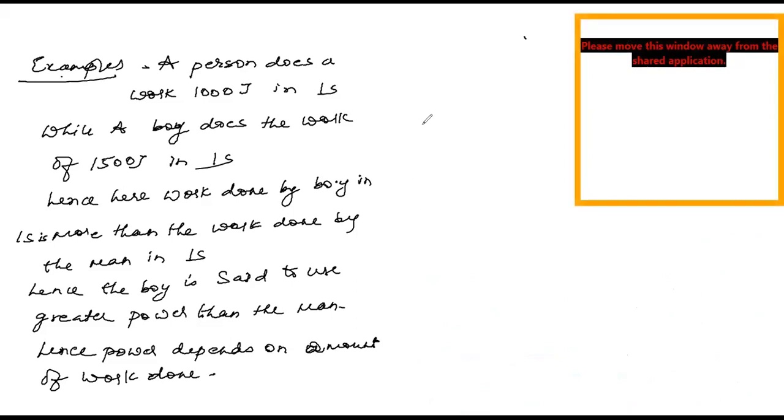That means here the work done by both of them is the same, but the boy has done it in less time. Hence, he is said to use a greater power. So, power also depends upon the time.